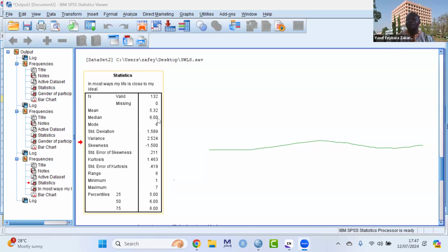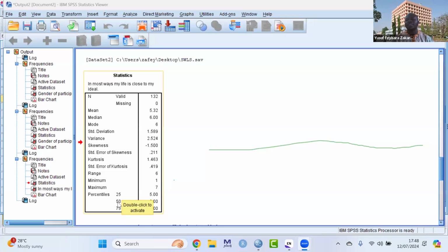So the 75th percentile is the same as the third quartile. The 25th percentile is the same as the first quartile.